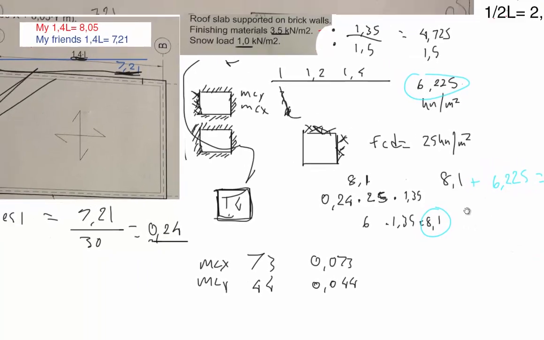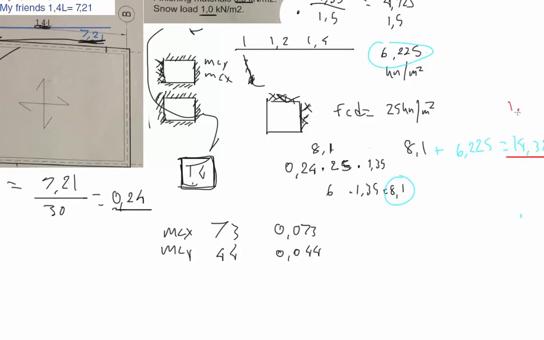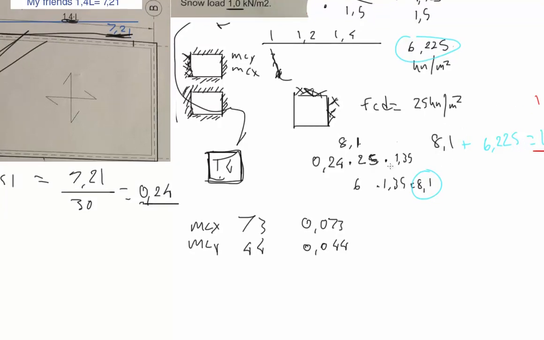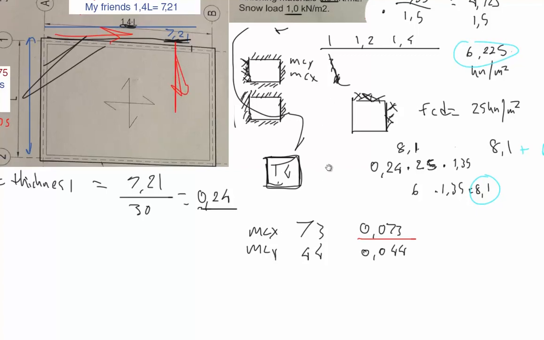And that is in kilonewtons per square meter, right? So now that we have this value, we round it to 14.3 for the future calculation. Now is the time that we use these values. The x goes in this direction, and the y goes in that direction. Or I mean, this is the axis point, right?